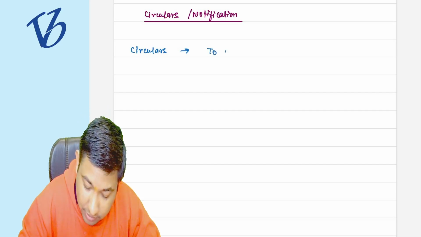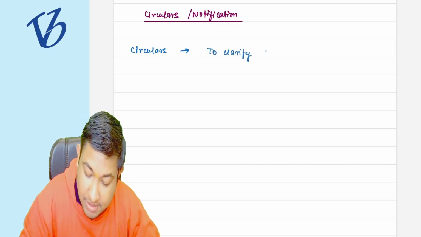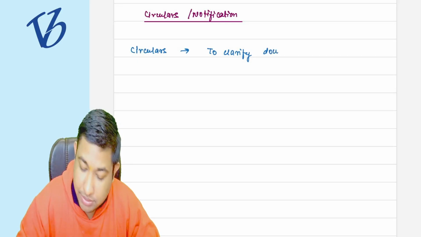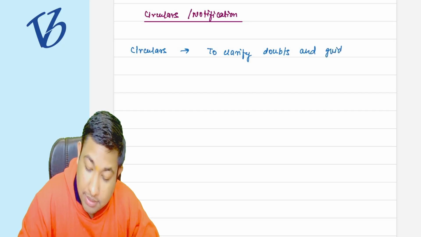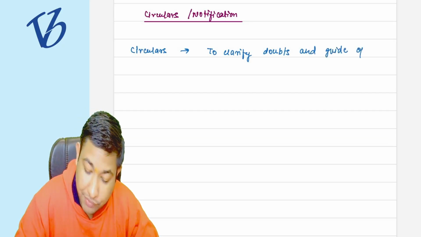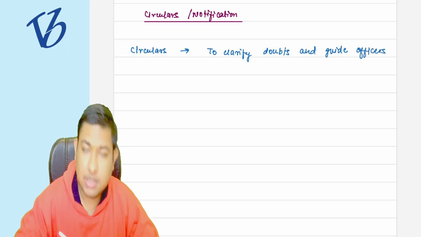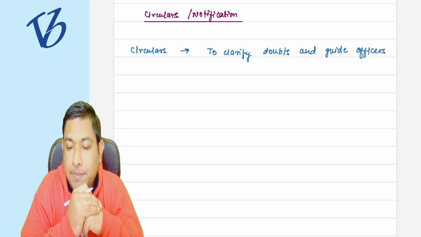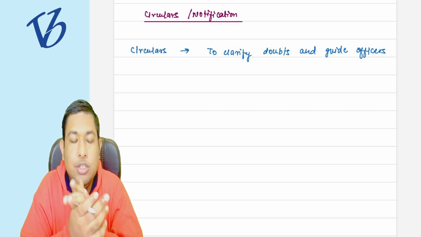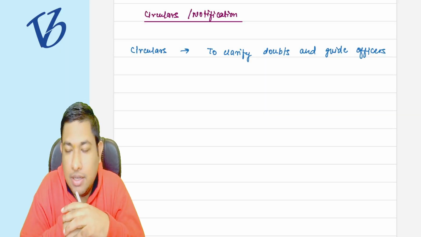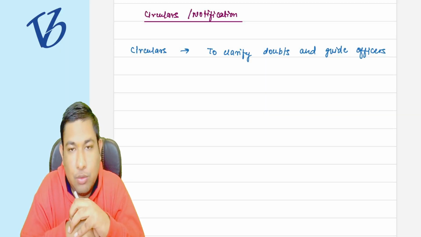These are to clarify doubts and guide officers. Circulars are a guide to the officers and are usually issued to clarify doubts.